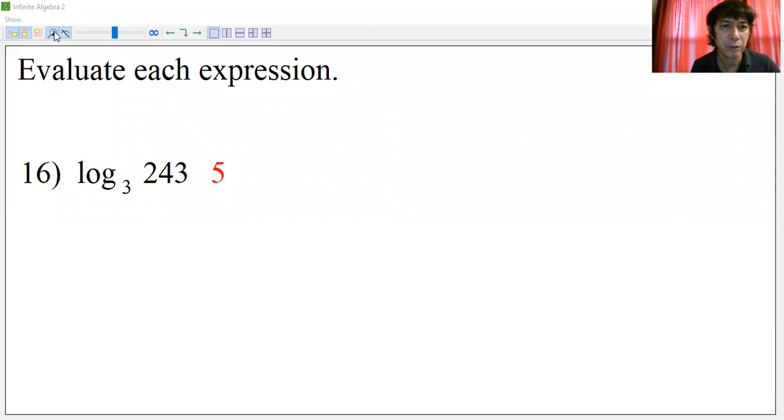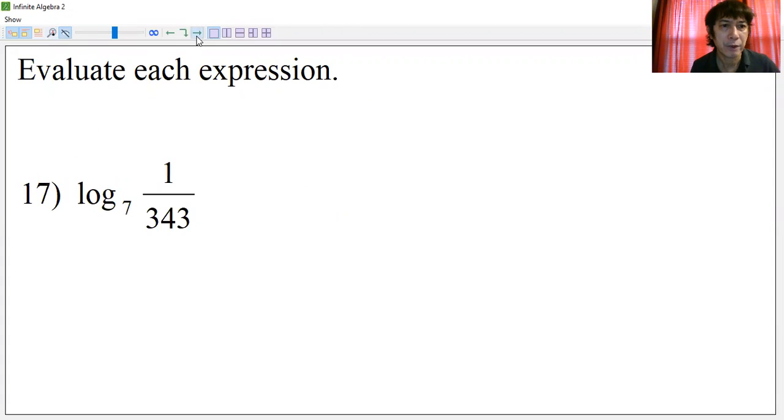Okay, here's the next one. For number 17, we have 343, and this is 7 to the 3rd. This is powers of 7.